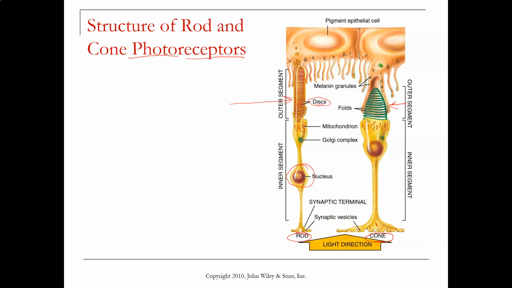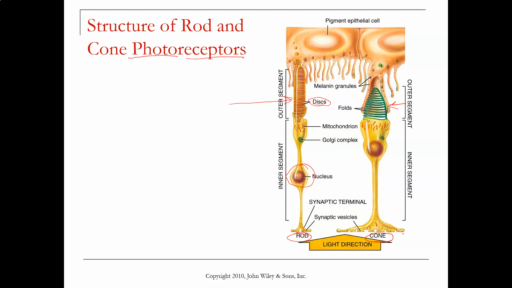They both have them, rods and cones, but they are different from each other, and this leads to their different functions. Rods are the ones you use for dim light vision. So in a room that's mostly dark, you see things in various shades of gray, you don't really see in bright color, you can't see in detail. That's when you're using your rods, and they're also involved in peripheral vision.